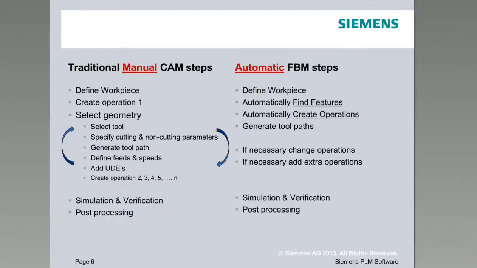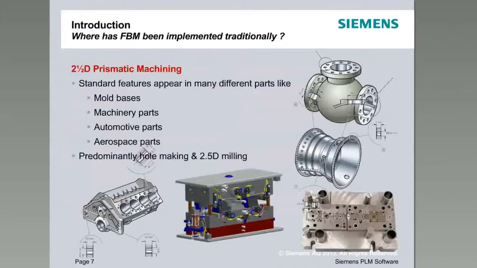Then you generate the tool paths, and if necessary, you start making some changes to the automatic suggestions. You change operations, you add some new ones, you delete them. What feature-based does is generate normal operations as if you had created them manually, but it does that automatically. And to finish it off, you have an NC program that you simulate, verify, and post.